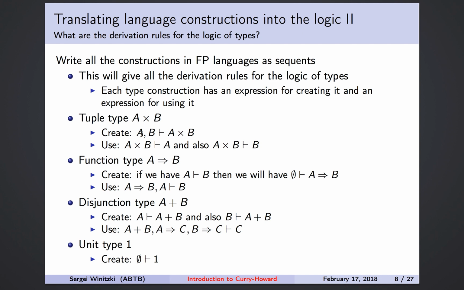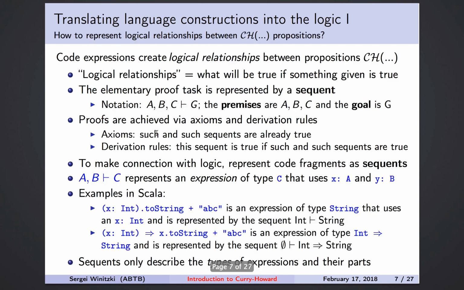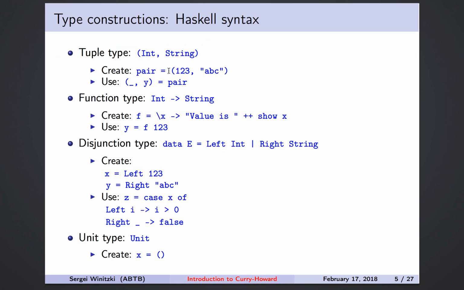For the tuple type, the expression that creates the tuple type gives rise to this sequent. From A, B follows A times B, because the expression is this, and it already uses the previously computed or available expressions of these types.